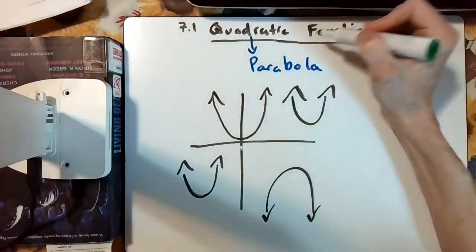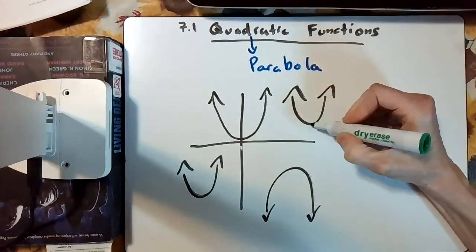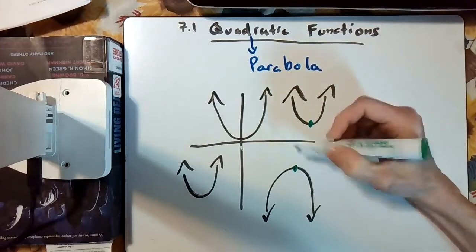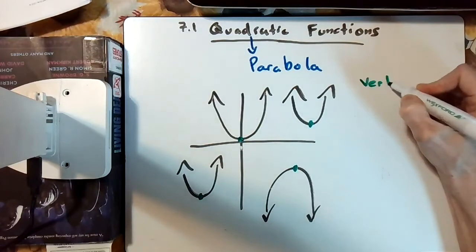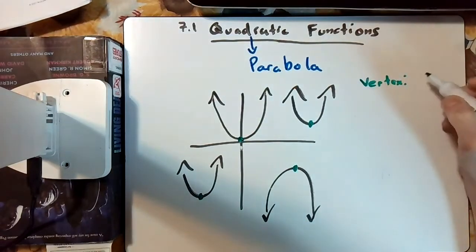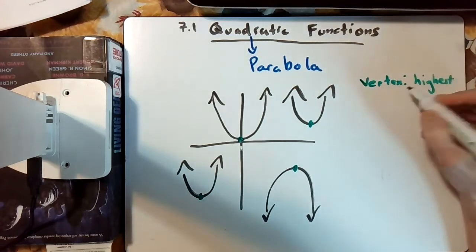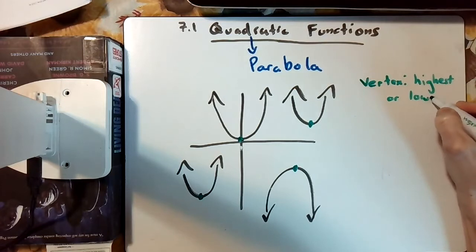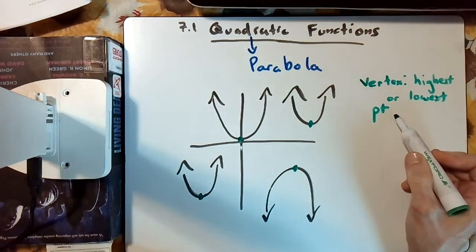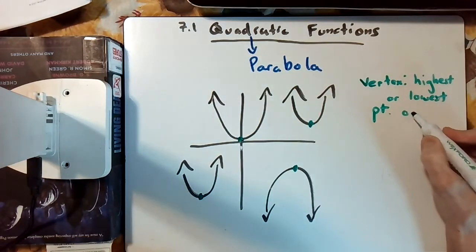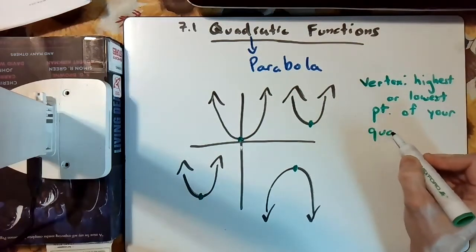Like all quadratic equations or functions or parabolas, they all have a vertex. So the vertex, I'll keep it in green, is the highest or lowest point. PT stands for point. The highest or lowest point of your quadratic function.